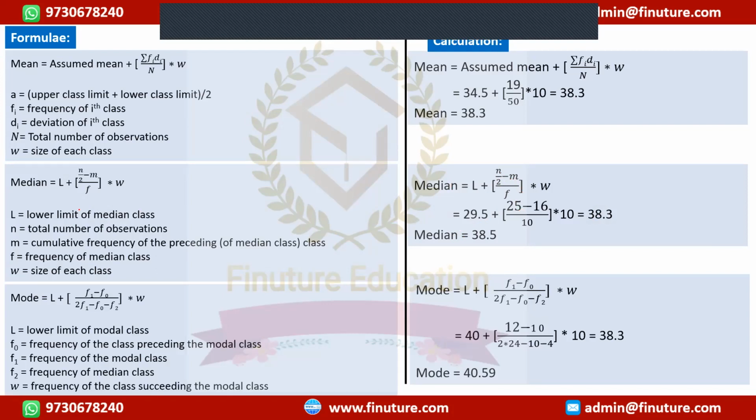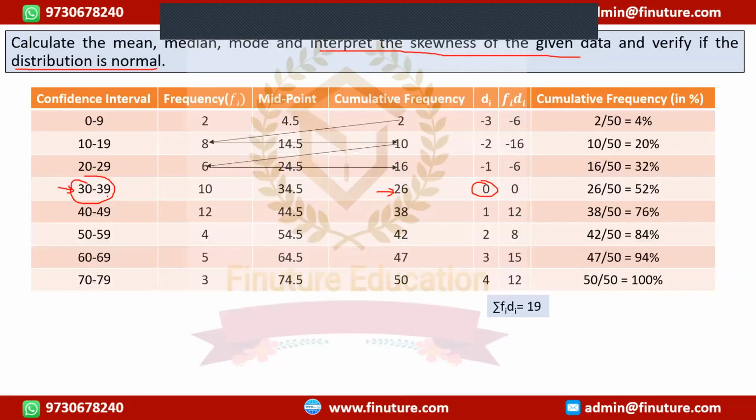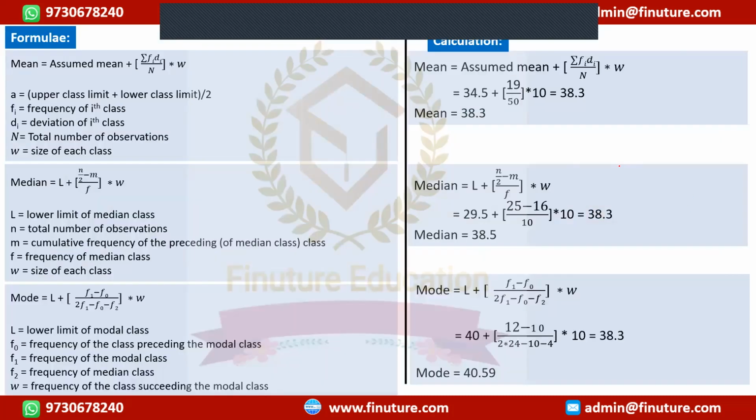This is tricky. m is the cumulative frequency of the class preceding the median class. This is your median class, 30 to 39. The cumulative frequency of the preceding class is 16. So we have substituted that: 25 minus 16 over 10, times 10. This 10 will get cancelled and you will get the median as 38.5.